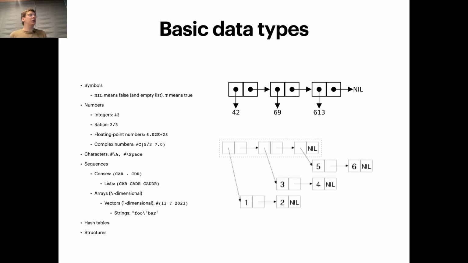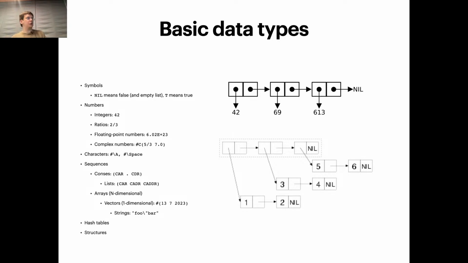Then we have sequences, which can be conses and arrays. Conses are basically the most general type. It's a building block for lists in Common Lisp. So it's a pair of values. They're called car and cdr, and in Common Lisp they look like this, as you can see on the slide when they are printed.